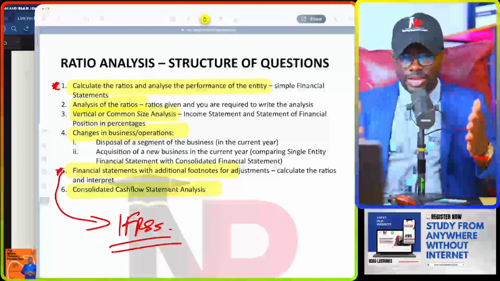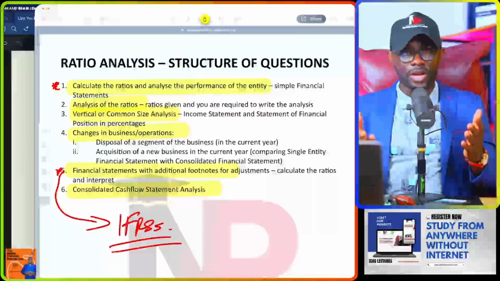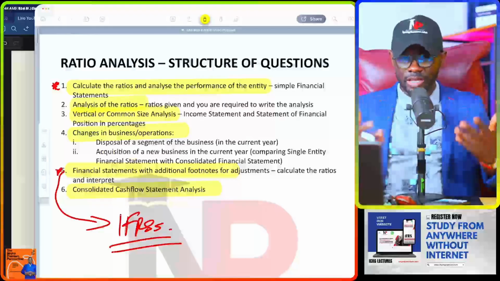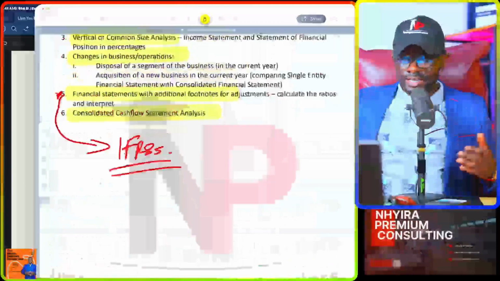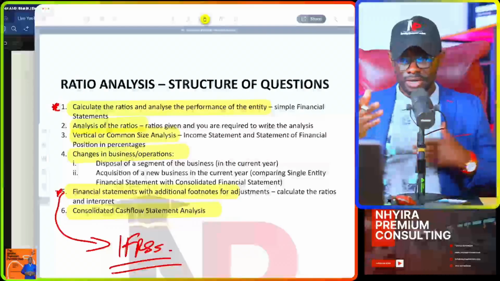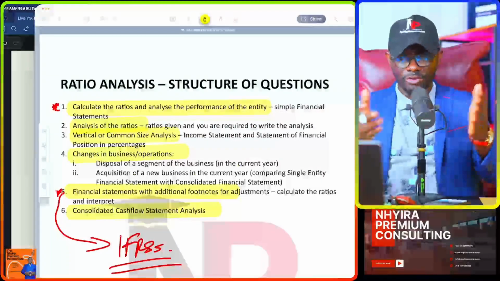And so if these are the styling that the examiner is going to be bringing to us in the exam hall, it is important we understand the underlying principle. As I said, this is our ratio analysis principle guiding document, and we used it.